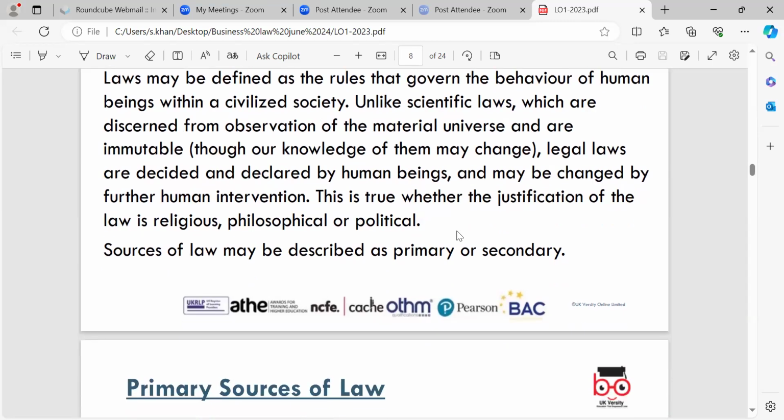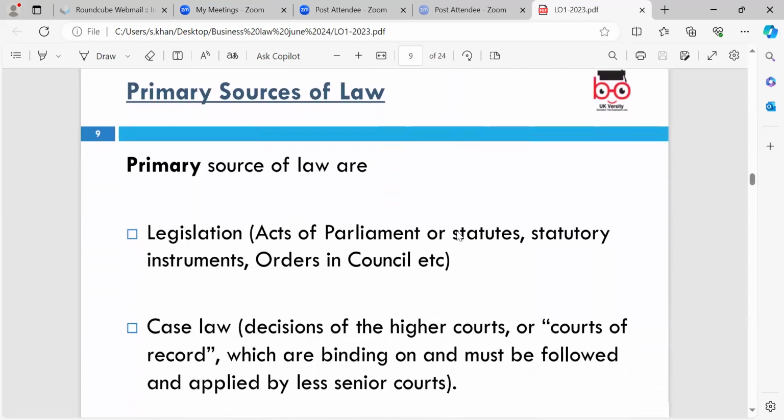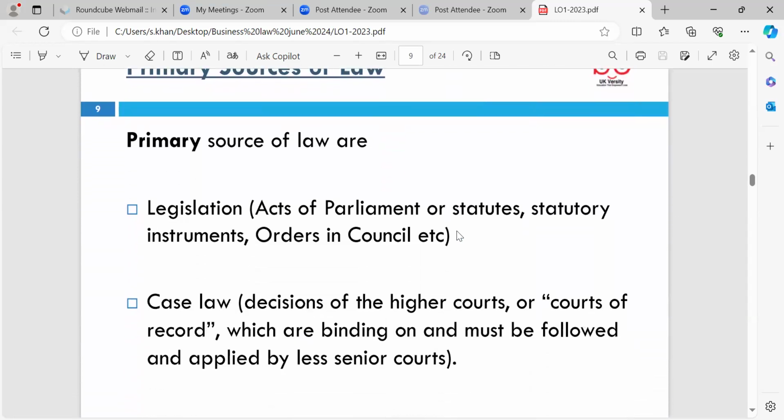Sources of law can be described as primary or secondary sources. So we'll go through primary sources first. Primary sources of law could be things like legislation and case law.